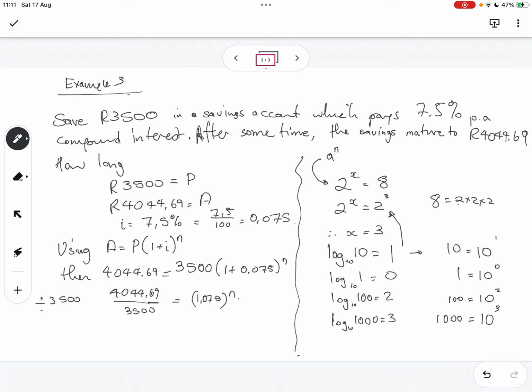And when you look at this in function form, when you get to grade 12, you'll do functions, and you will also do inverse of functions. You will see that this exponent form has a graph that looks like this. Because at x equals 0, this is y equals a to the power x.